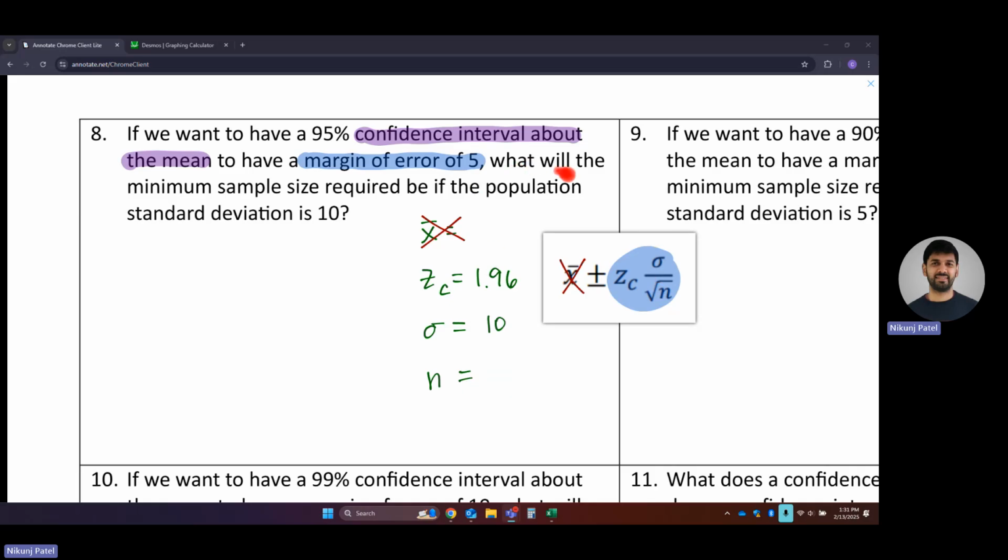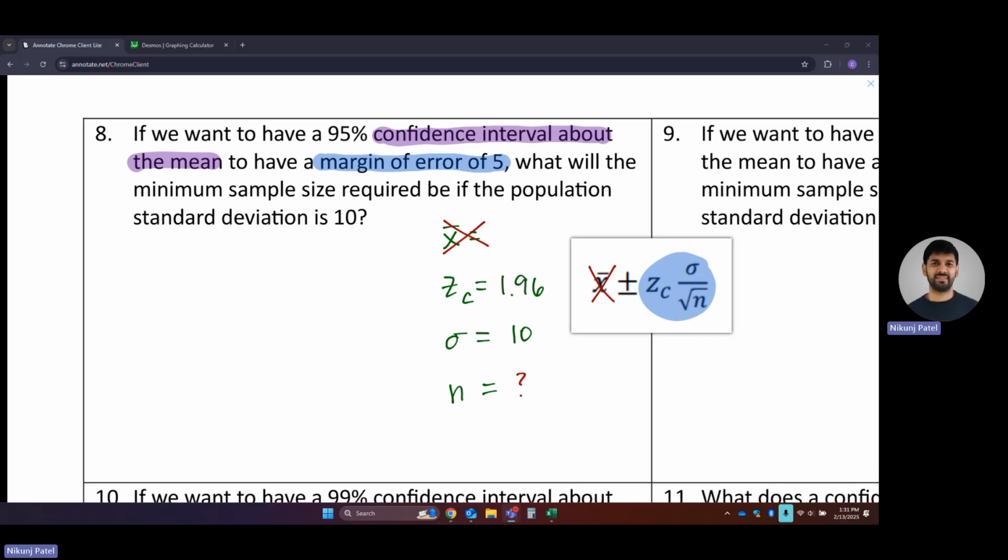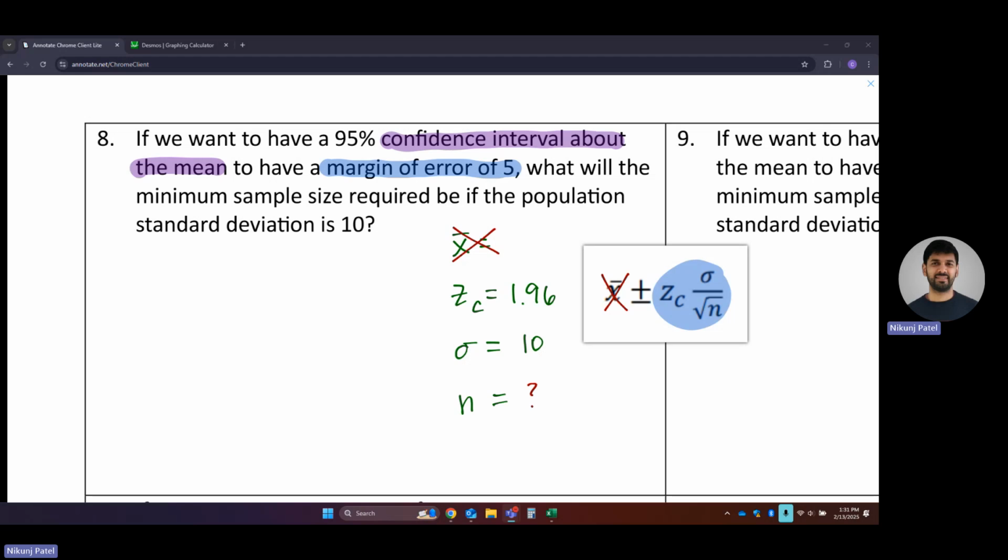It asks us what will be the minimum sample size. So this is what we're being asked to determine. And the number 5 has to do with the value of the entire answer, the margin of error. The margin of error sometimes is referred to as capital E for error. And so in this case, it's telling us the error is 5.